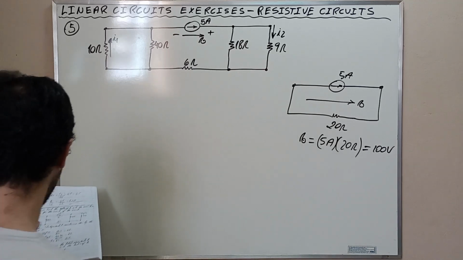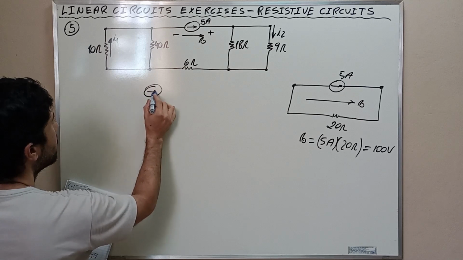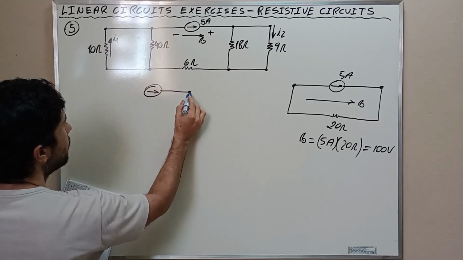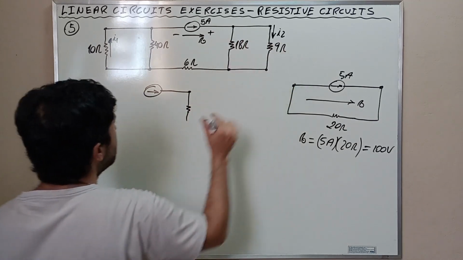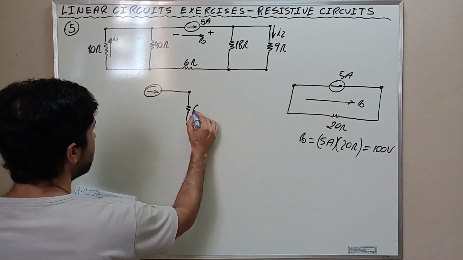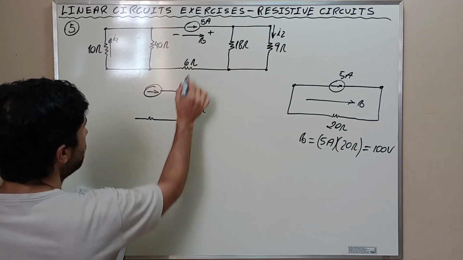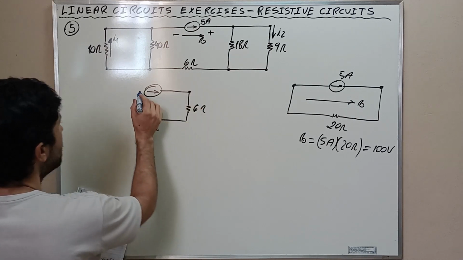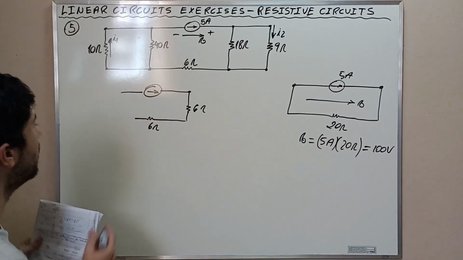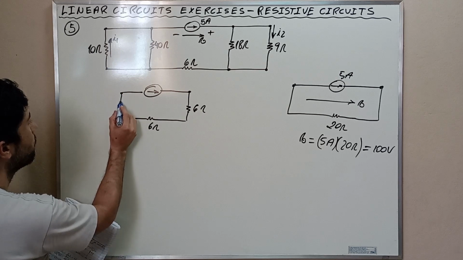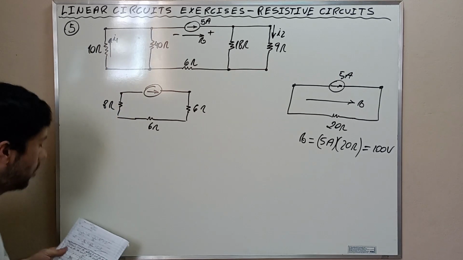Observe that we have here the current source, okay, here the equivalent resistance that replaced this, and it is 6 ohms. There is this 6 ohms here, and the equivalent resistance that replaced this, and we found it to be 8 ohms, okay?